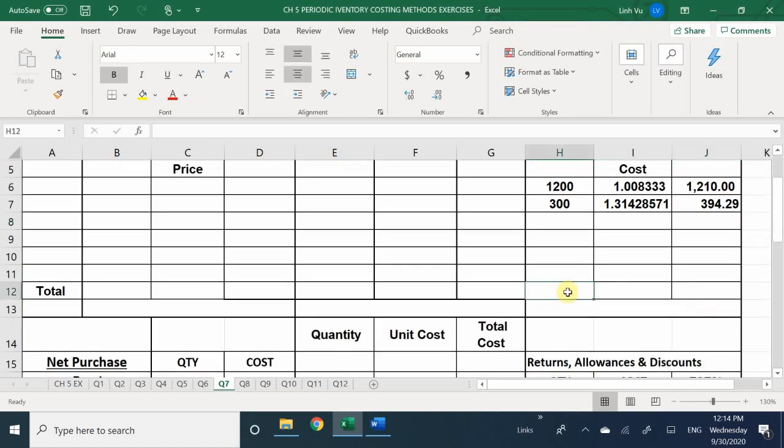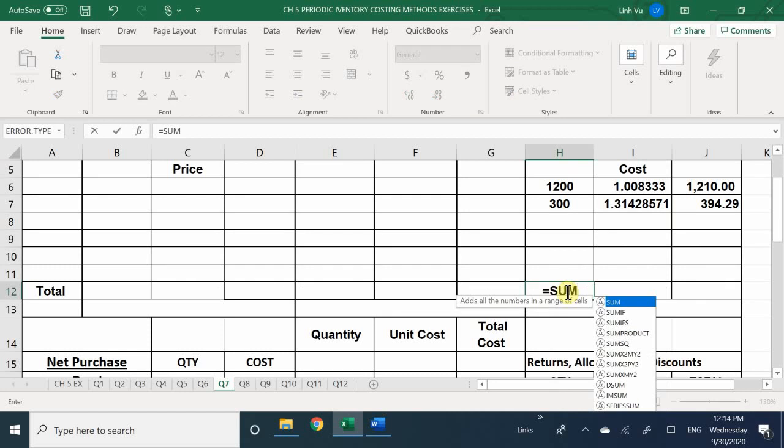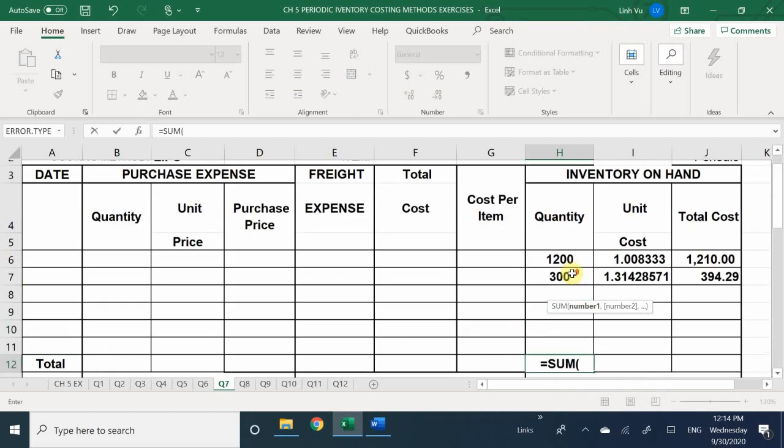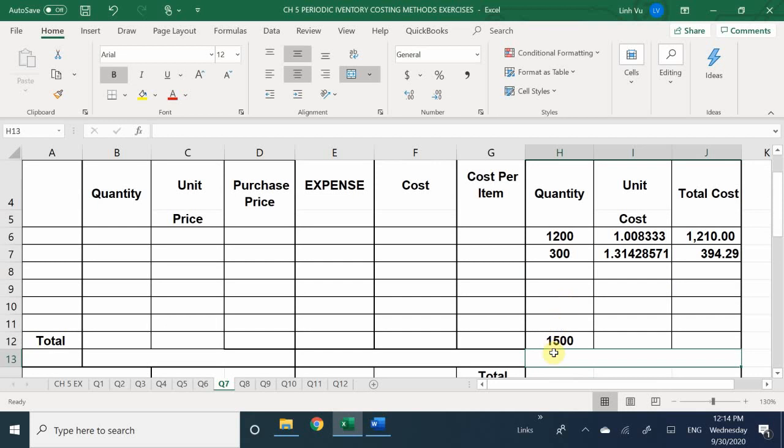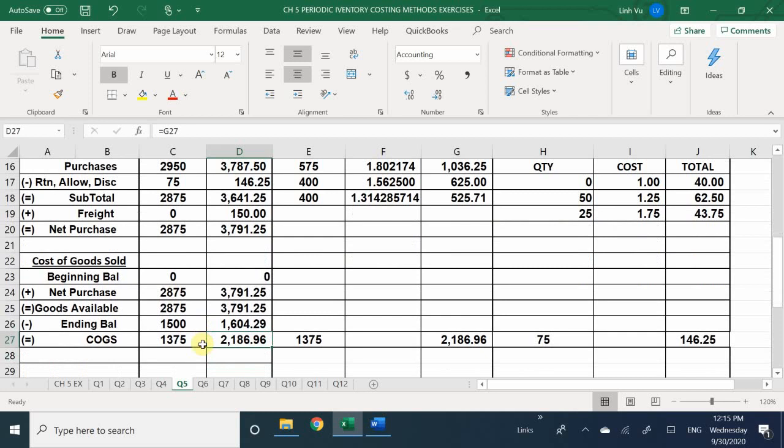Okay, and if I were to total up my sums here, I should get a grand total of the 1,500, which should cost me a total of the 1604.29, which is exactly what we had here, 1604.29.